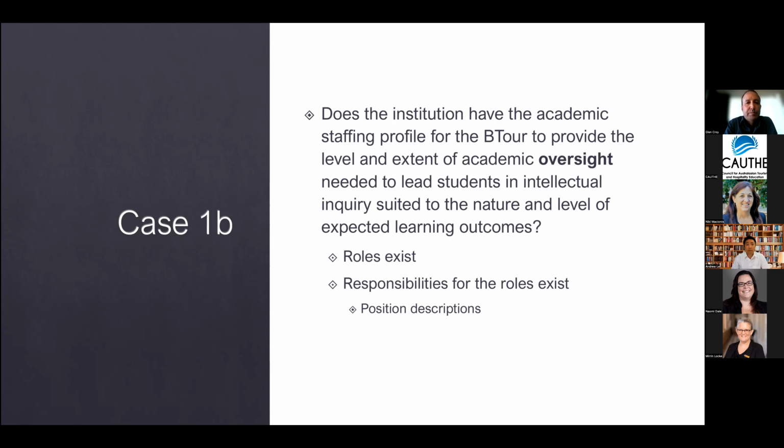Thank you. We were a little bit at odds around understanding the responsibilities for the roles and the position descriptions. I guess we didn't feel that we had enough information to determine what sort of moderation was happening, for example, between who's designing the unit and who's teaching it. If you're designing it yourself and then teaching it yourself, how can we be sure the right thing is happening for the students?